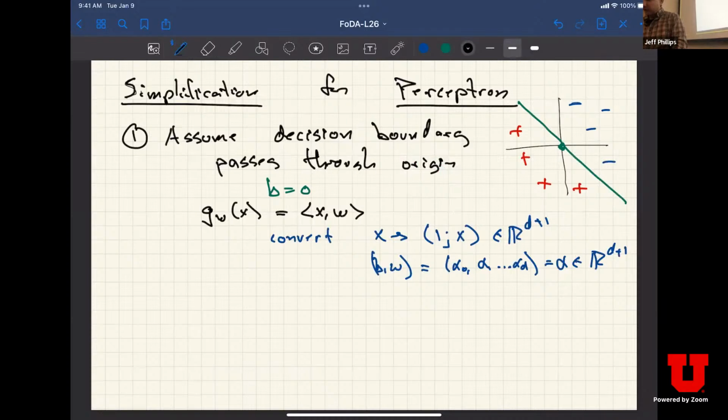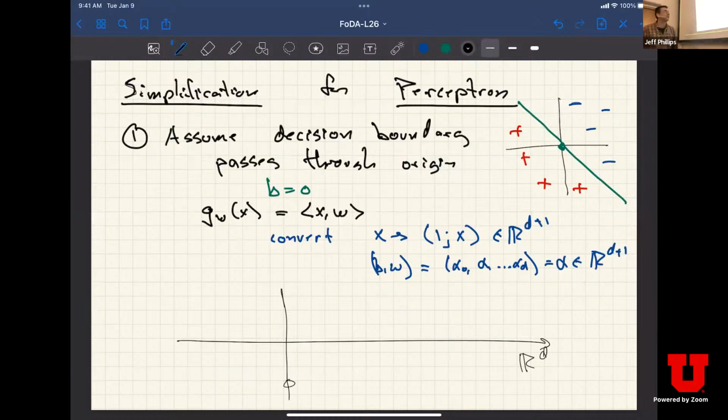Okay, so this is a cool picture. You can think of this geometrically, what's going on. Let's say this is the d-dimensional space. This is 0, and I put all the data points that used to live here.